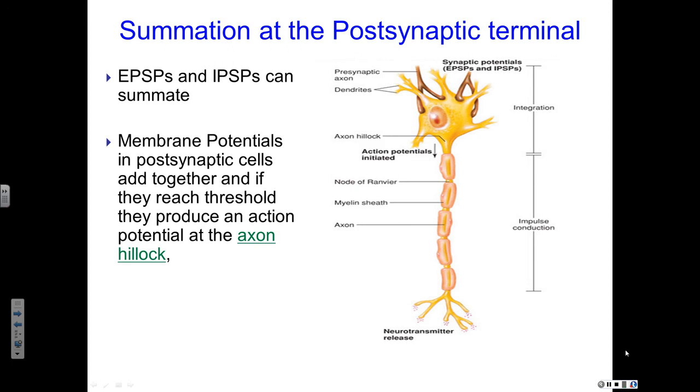And if they add up, say it's at minus 70, to take you to minus 55, you get an action potential, and it would go down the axon. And because of this particular myelin sheathing, once it's made, it would go all the way. And then it would come down to this terminal.